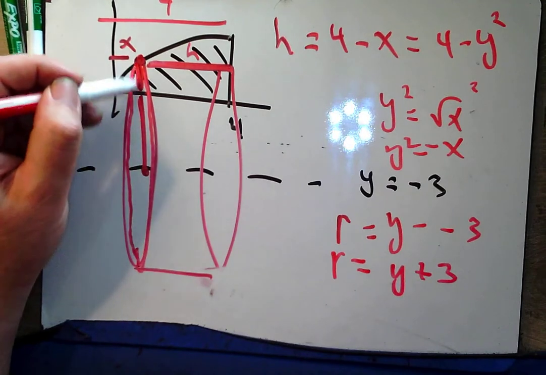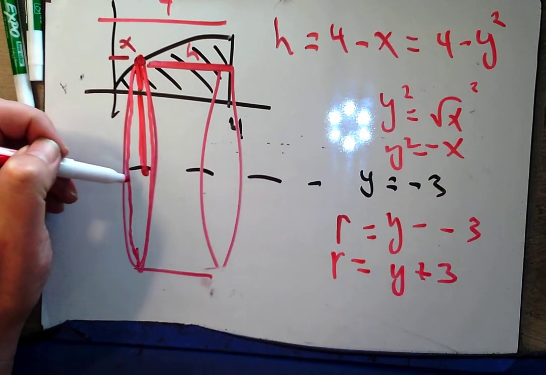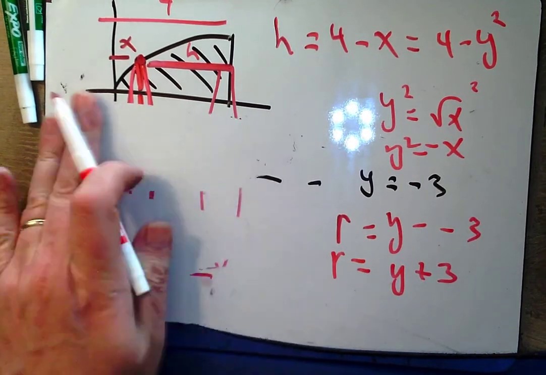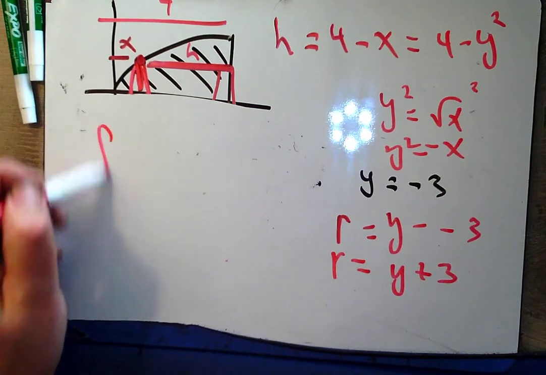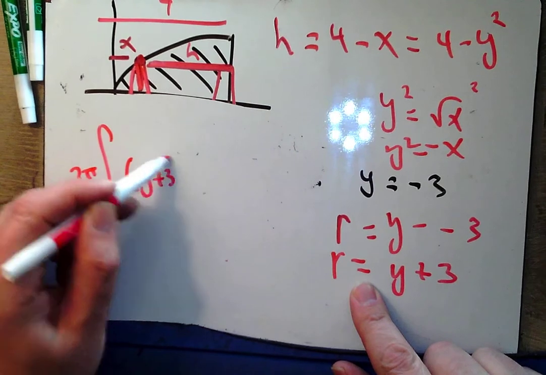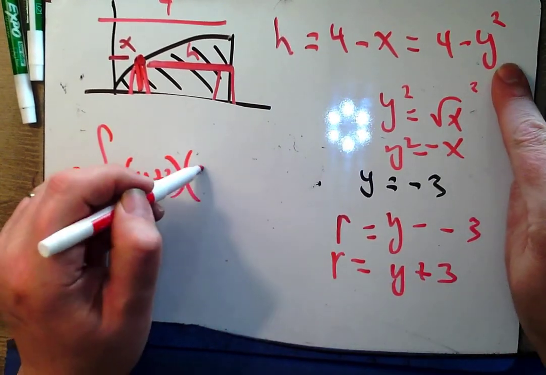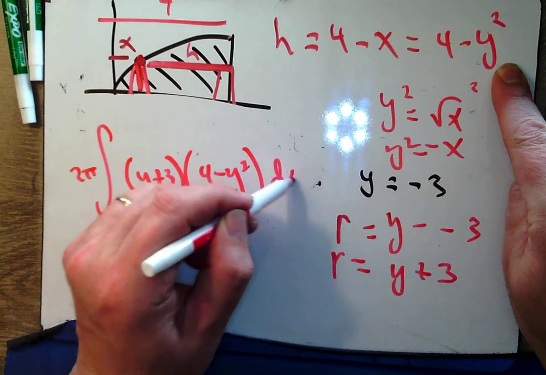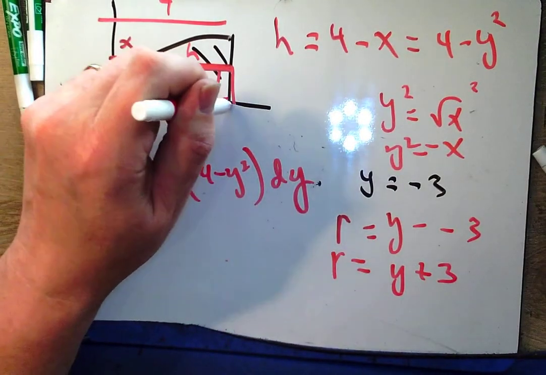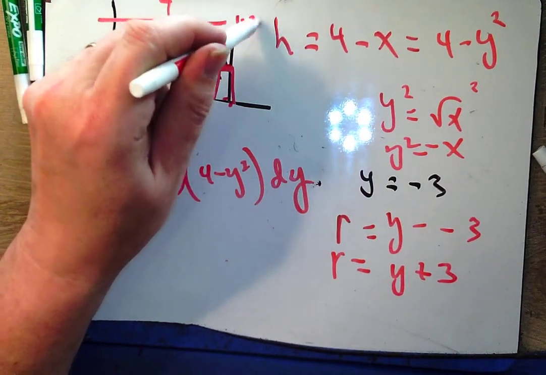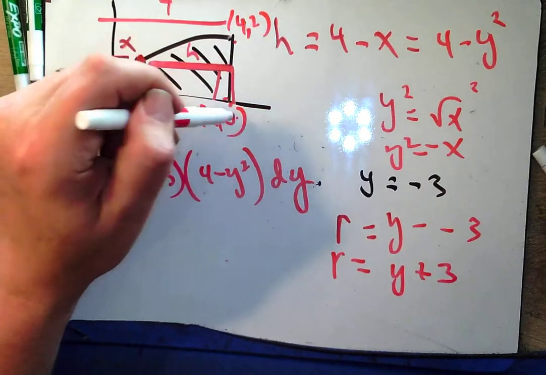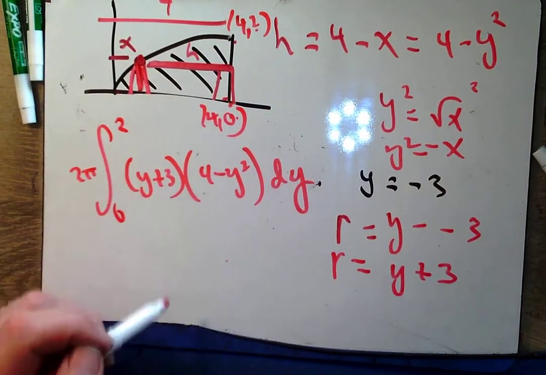So now, if I set up my integral, I'm looking for 2 pi times y plus 3 times 4 minus y squared dy. And I'm not integrating from 0 to 4, I'm integrating from 0 to 2 because this is dy. Yeah, 0 to 2. Okay.